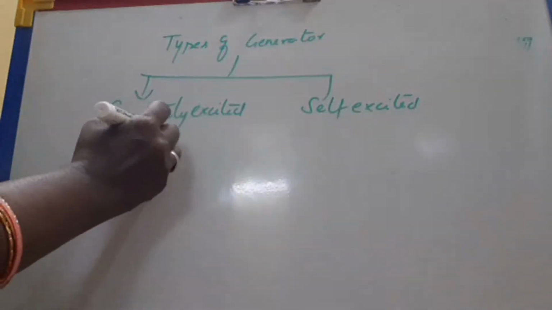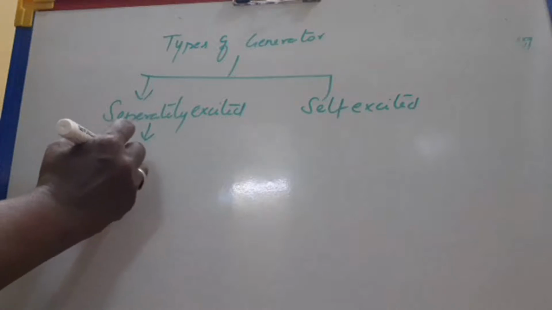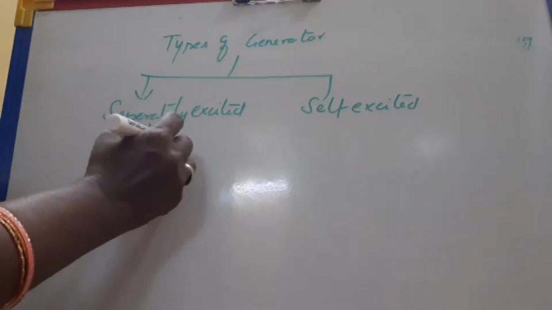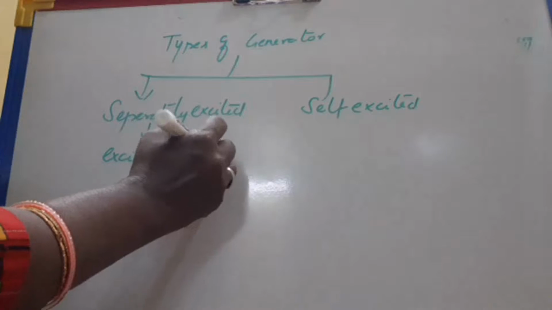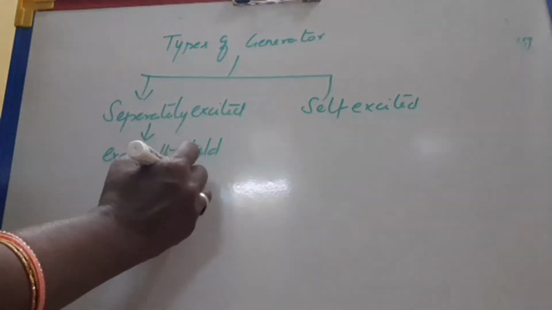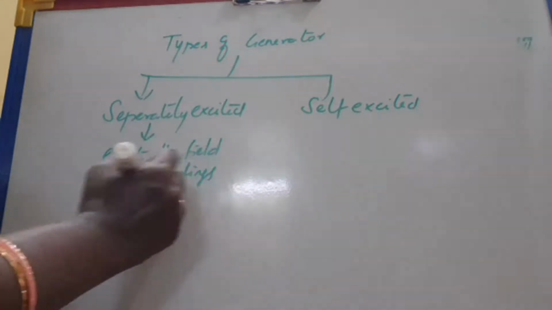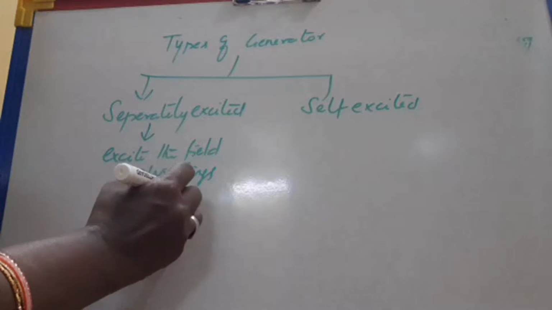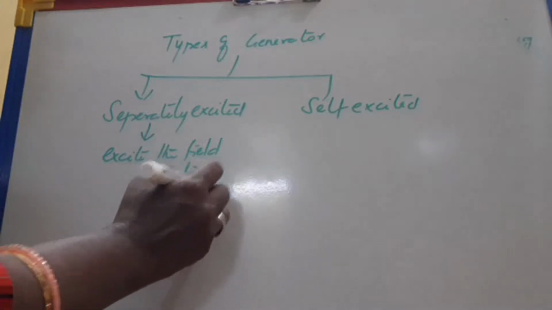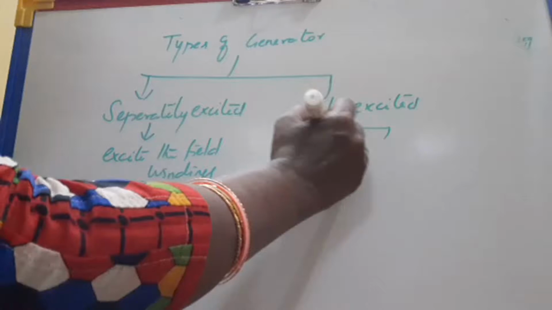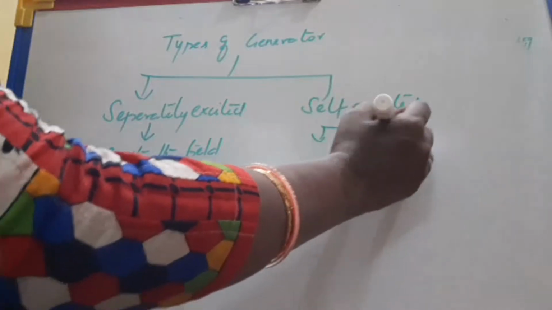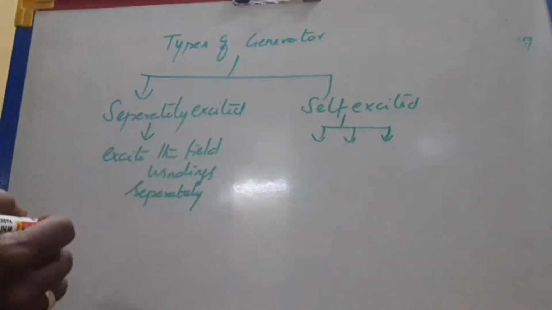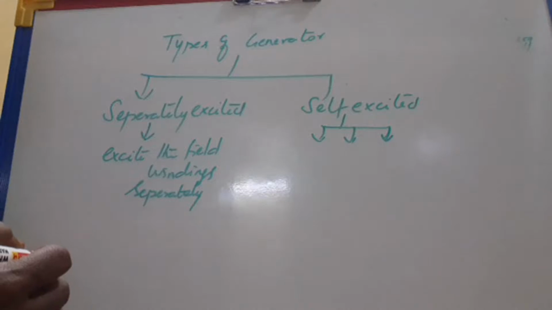In a separately excited generator, we have to excite the field windings separately. In a self-excited generator, the field windings are excited within itself, due to residual magnetism.